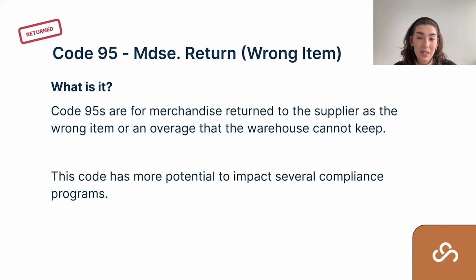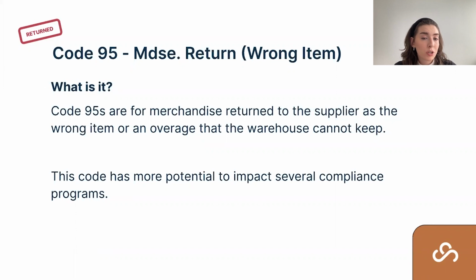This code, code 95, actually has a lot of impact on several compliance programs. If you have been looking at overages, you can see the connection across deductions, just an AP deduction. There's a separate code for an overage. There is code 95 here for a merchandise return of wrong item.